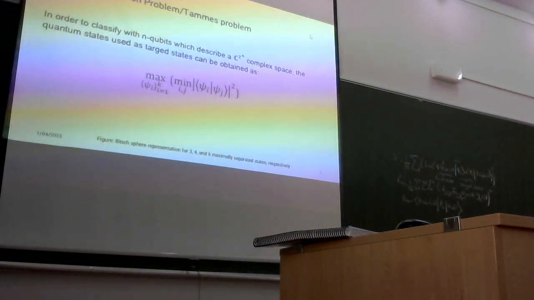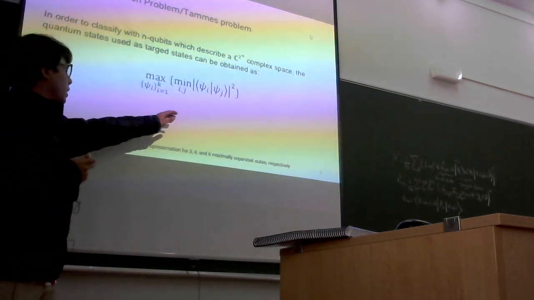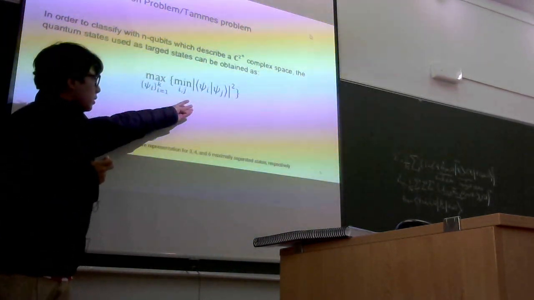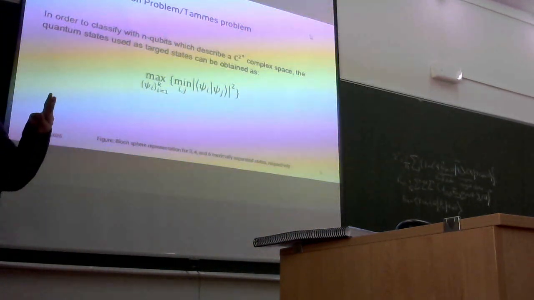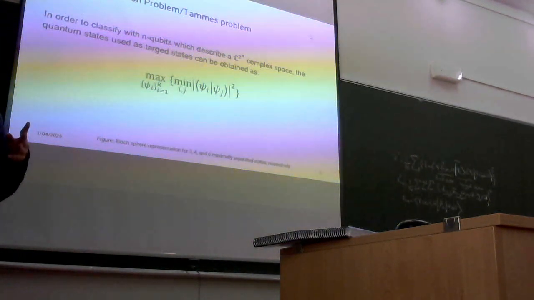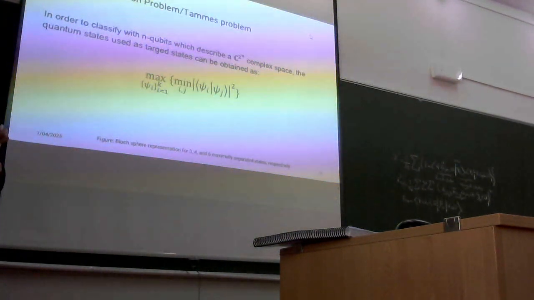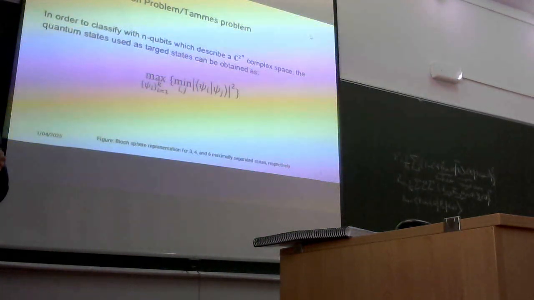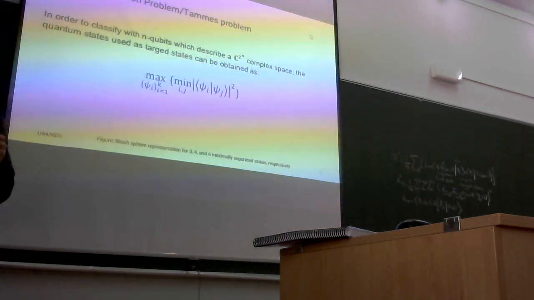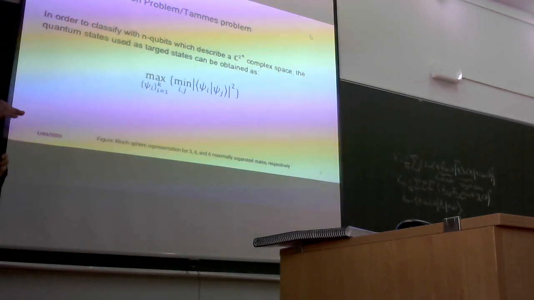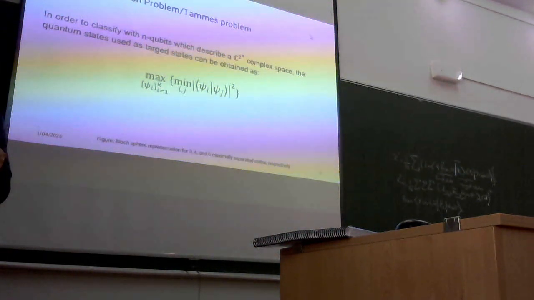Maximum of minimum. For example, let's say that this is a distance measurement of the states in the set that I'm working with. So I will take the maximum distance of, well, I will take the minimum distance between the quantum states that I'm working with.